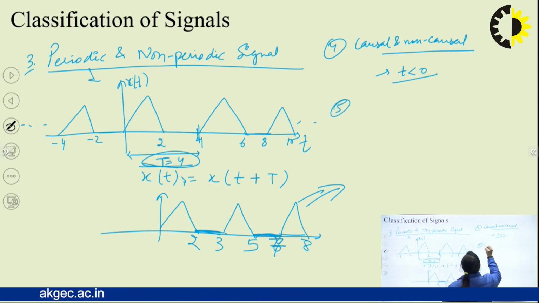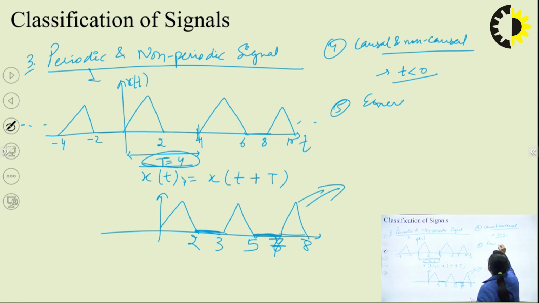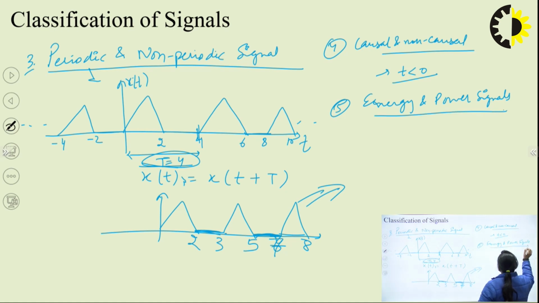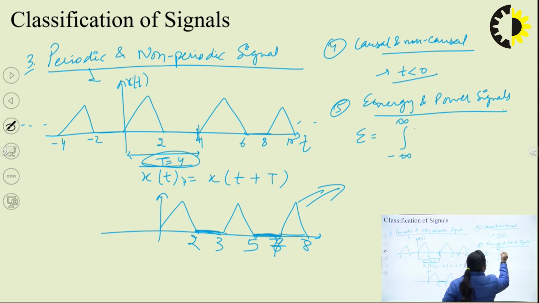And another one we have is energy and power signals. Energy and power signals are basically finite in nature. Energy can be defined, in terms of integration, as the integral of x(t) whole square dt.